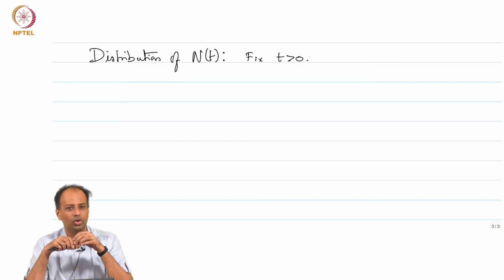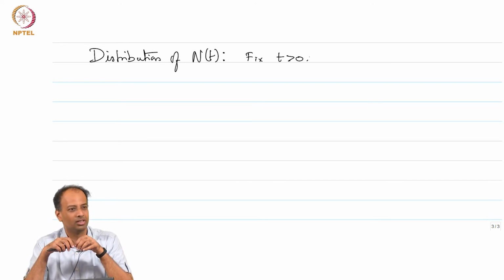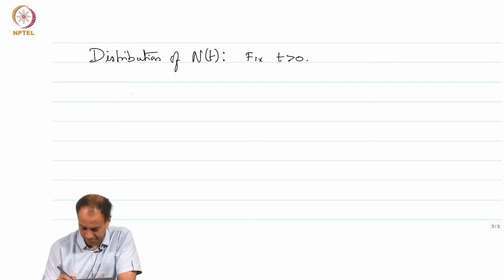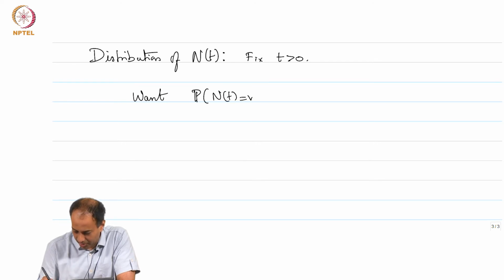For a non-negative integer valued random variable you have to talk about the PMF. So, you want to get the probability mass function of N of t. So, you want the probability that N_t equal to n.